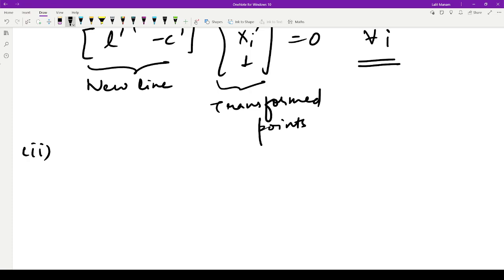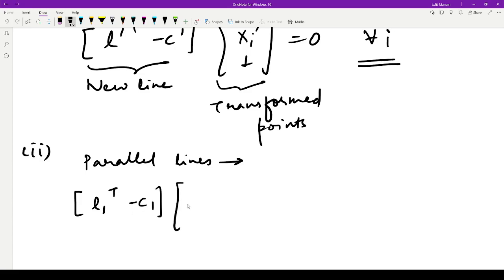But we'll solve it. So how do you define parallel lines? Two planes are parallel if their perpendicular vector will be the same.